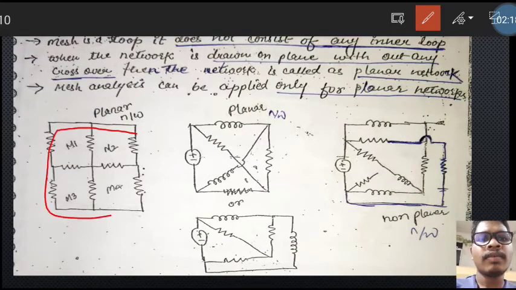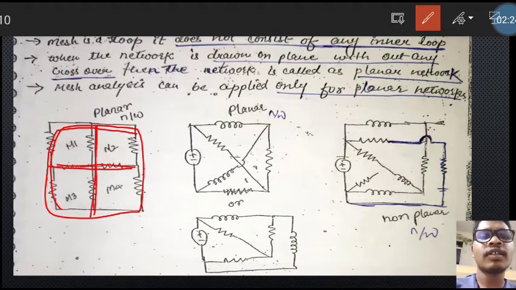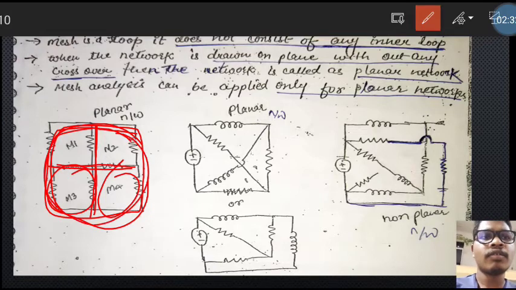This is our big loop, and there are two crossovers, one here and another here. So it is not a mesh. It is a loop. This is also a loop, this is also a loop, but this is our big loop.